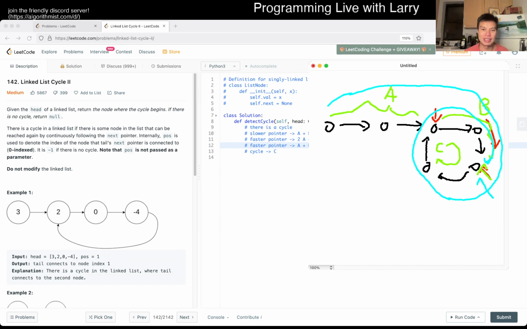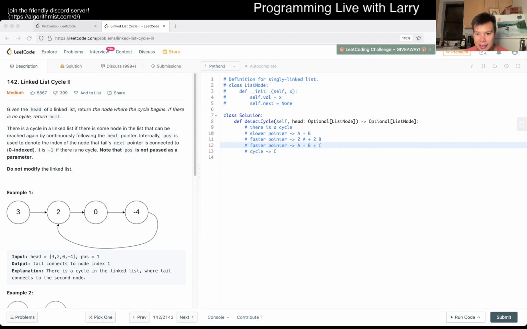If you draw it this way, it's clear that this is A, B is this part already, and then C is the cycle, the length of the cycle, just to visually show the formula that I was trying to do in my head, which I think is fine in theory, but I'm trying to show you a little bit.